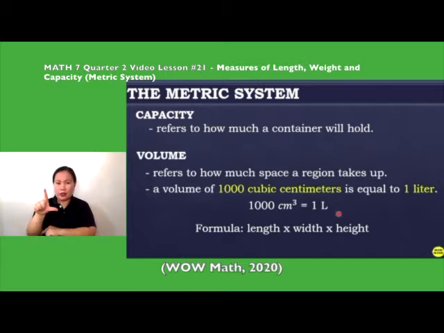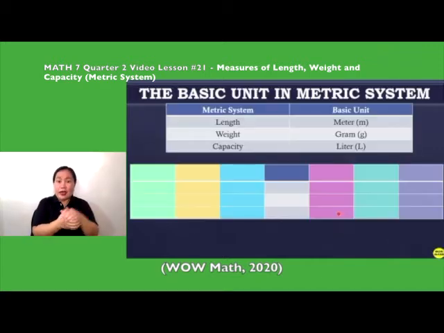Halimbawa, container o yung mga vase na pa-square, volume. Aquarium, volume yon, kasi meron na siyang length, width, at height. So, capacity, ito yung kapag bote, baso, yung mga ganun po.